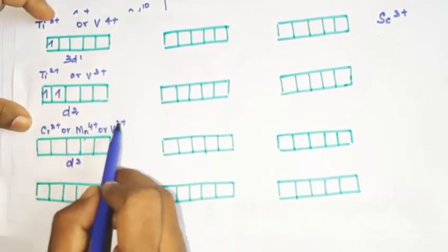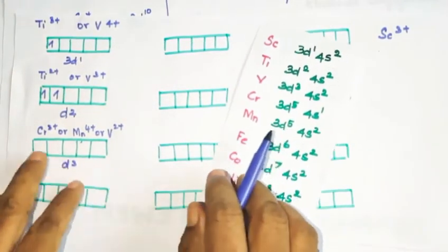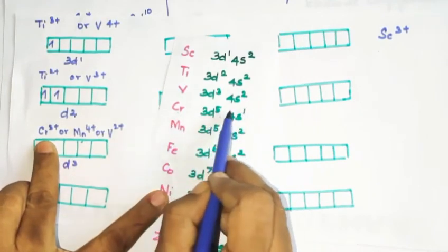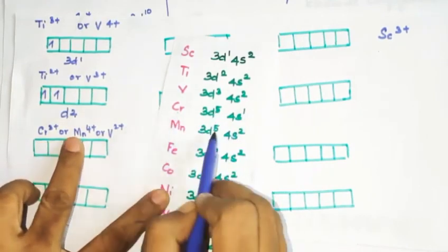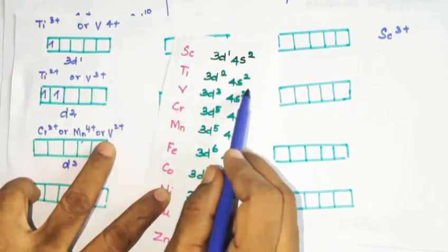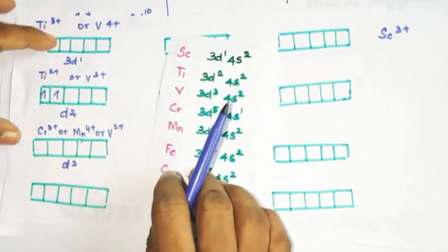Next, the d3 configurations. Examples are chromium 3 plus, manganese 4 plus and vanadium 2 plus. All of these have 3d3, because of removal of 3 electrons from chromium, 4 electrons from manganese and 2 electrons from vanadium.